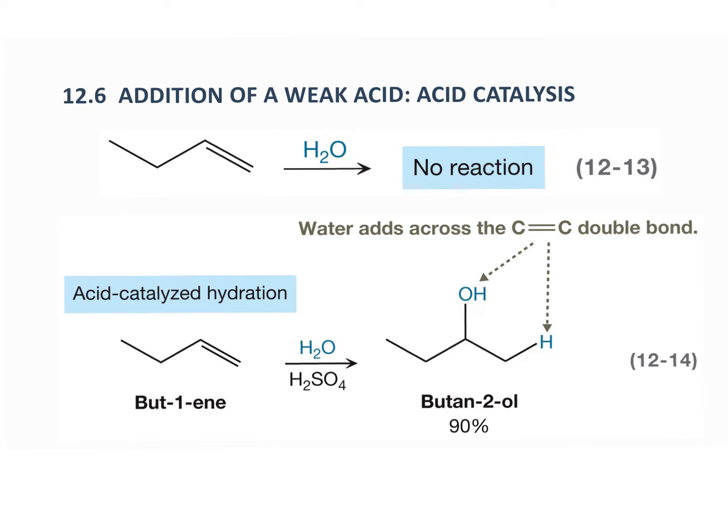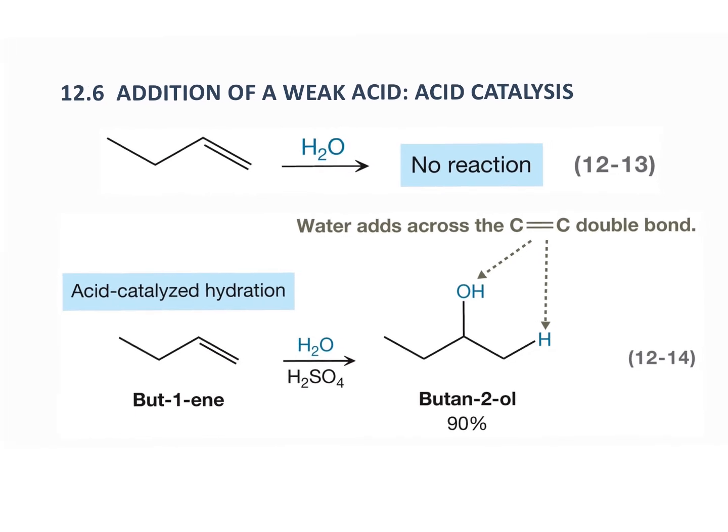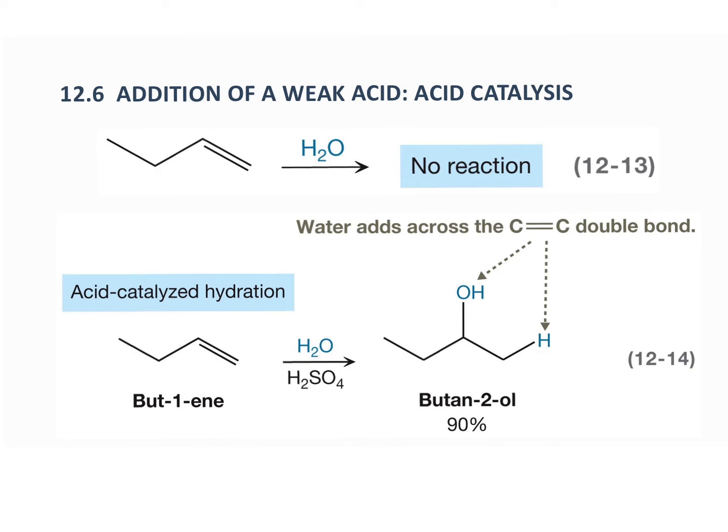Now, it turns out though, if you look at equation 12-14 here, that you can add water to an alkene if you have a strong acid. And basically water is H2O, and OH adds to one carbon and a proton adds to the other carbon. And so you go from an alkene to an alcohol. And again, we have a functional group conversion here. So this is a reaction that you could use in synthesis to change the functional group.